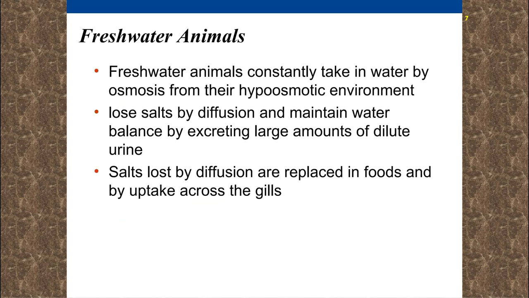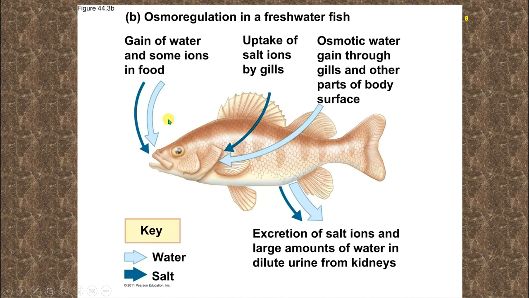Whereas freshwater animals always take in water by osmosis from a hypoosmotic environment, because the salt concentration in fresh water, or sweet water, is less, and they lose salts by diffusion and maintain water balance by excreting large amounts of dilute urine. Salts lost by diffusion are replaced with food and by uptake across the gills. So this is the mechanism of osmoregulation in a freshwater fish.